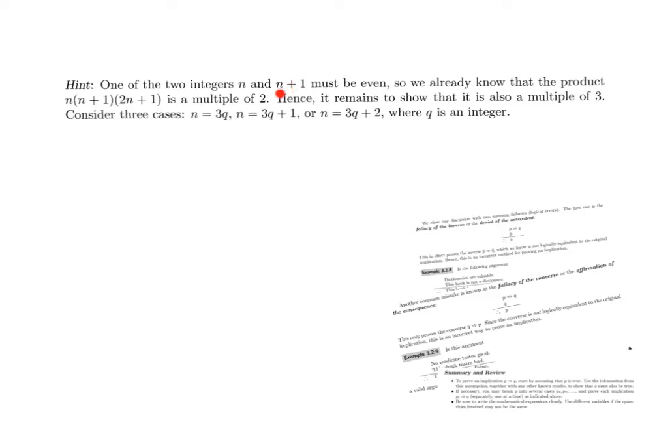The way numbers work is alternating even, odd: 1, 2, 3, 4, 5, odd, even, etc. So if we multiply n by n plus 1 by whatever else, that whole thing is going to be a multiple of 2 because I have at least one even factor.